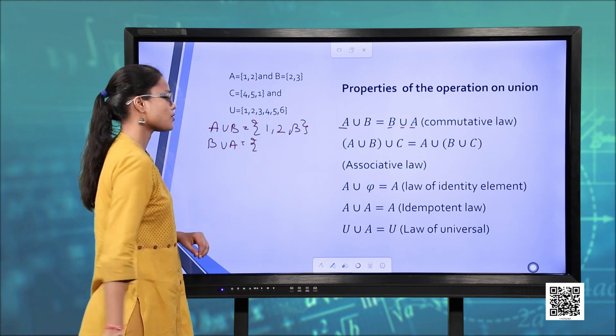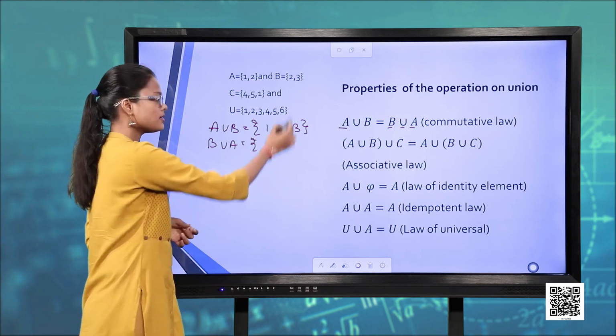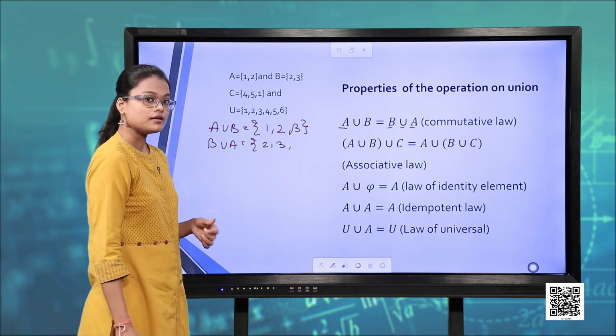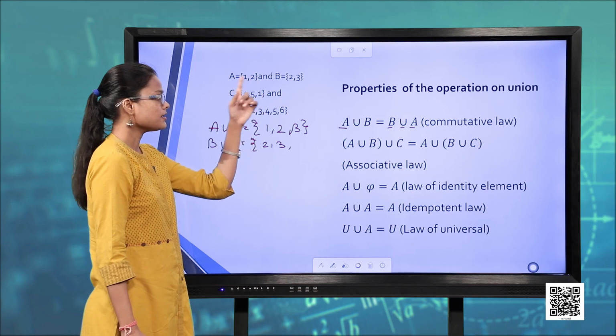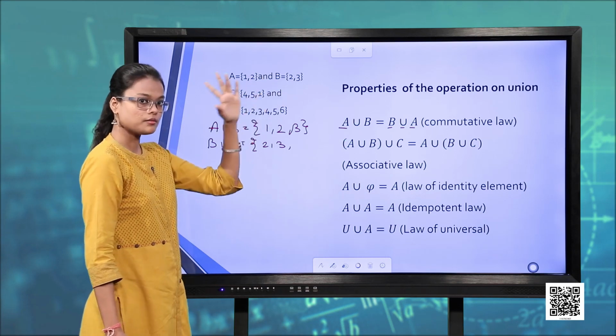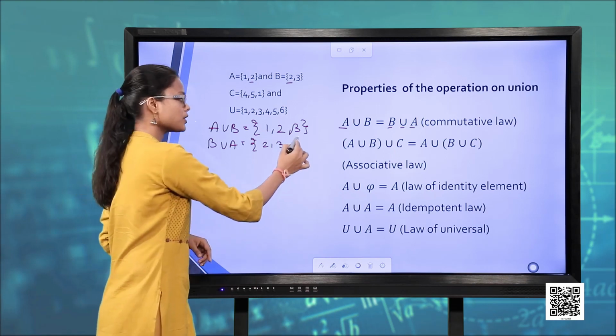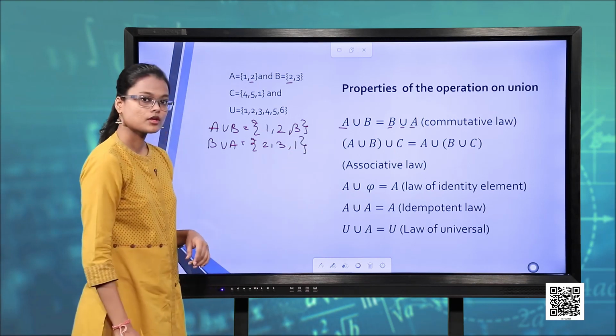On finding B union A, B is 2 and 3, adding the distinct elements that are in A, which are not in B. 2 is already there in B, so we will only add 1 to it.